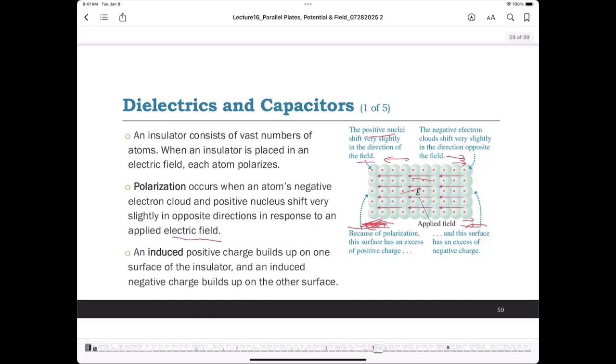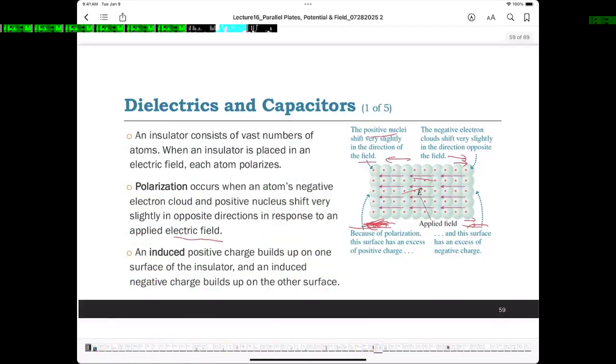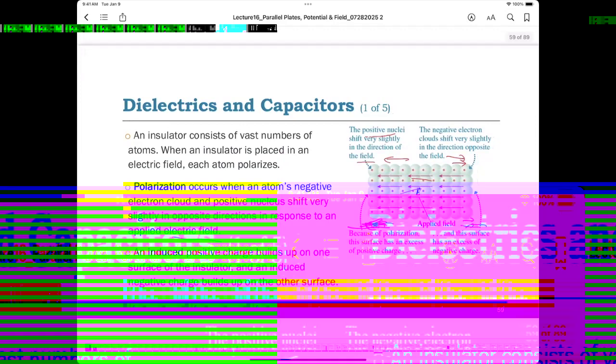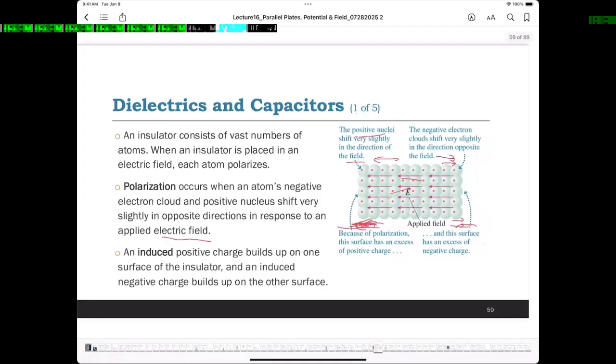Since we want to increase the capacitance of a capacitor, there is a technology called dielectrics. You just insert an insulator, which generates an applied field.